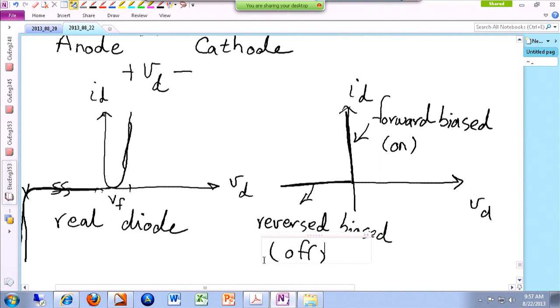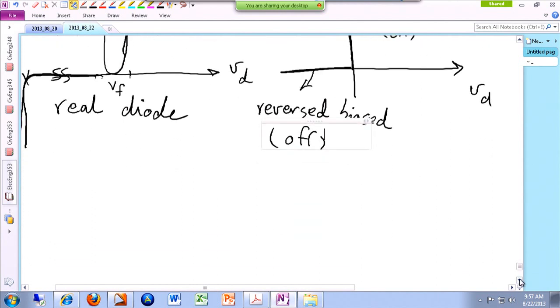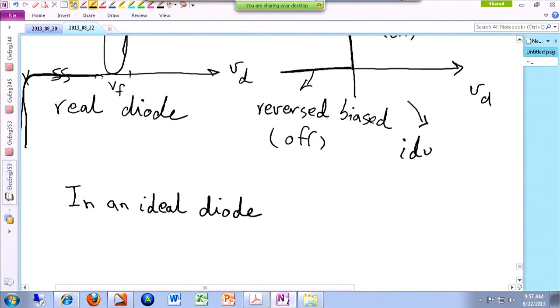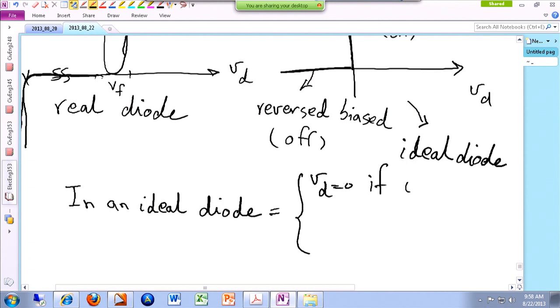So if mathematically you want to describe this, you would say, in an ideal diode, there won't be any voltage drop across the diode if the diode is conducting some positive current.